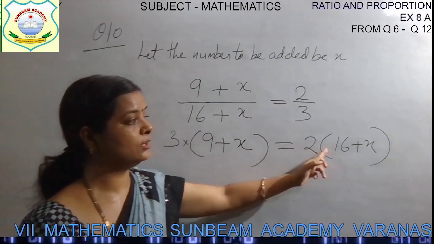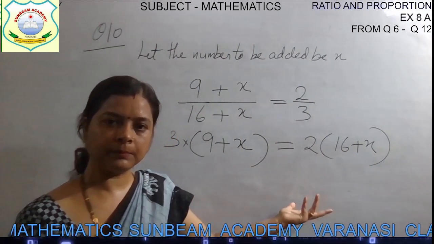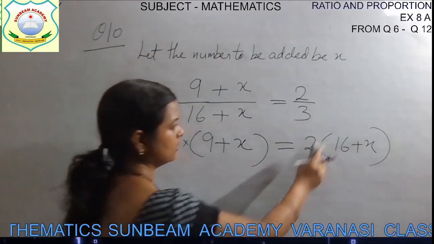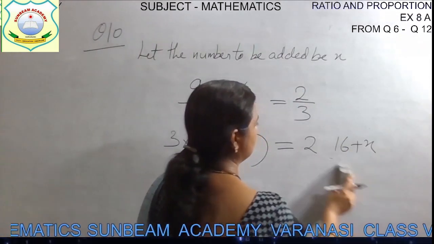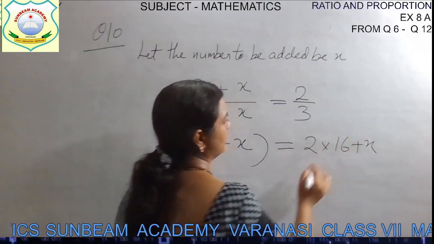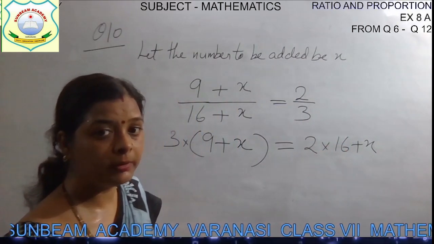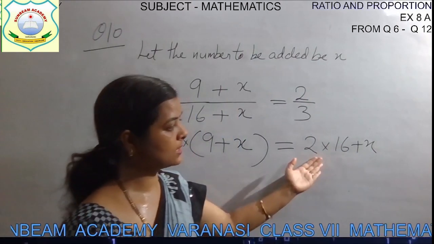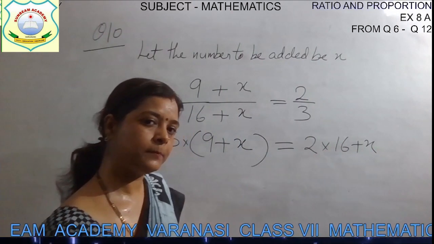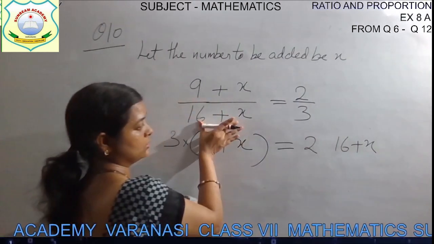If you write 2 into 16 and then plus x, then 2 will not be multiplied with x. Without the bracket, if you write it this way, our answer will be wrong, because in this case 2 is multiplying with 16 only. But this will be wrong, children. 2 will multiply with both.